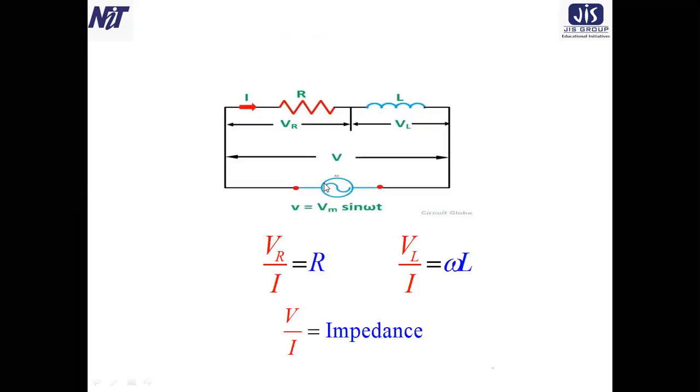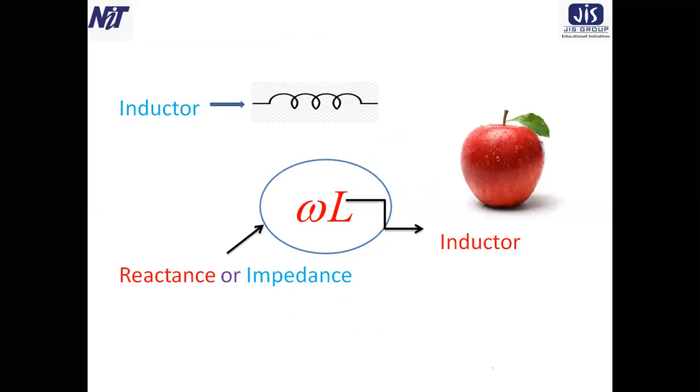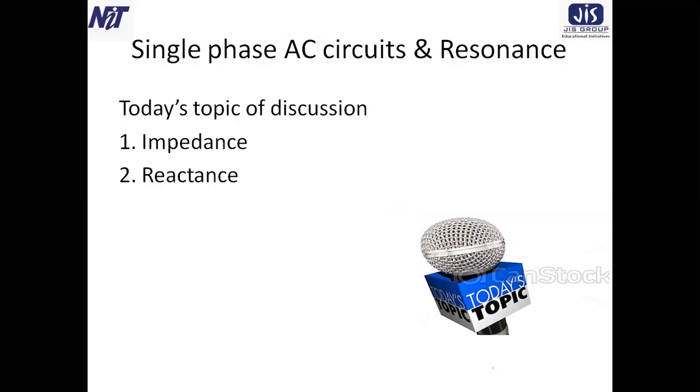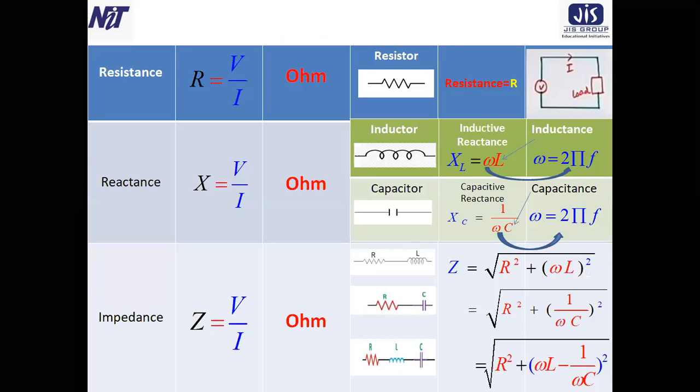So from this lecture, what do we understand? We understand the impedance, the reactance, and the resistance of a resistor, inductor, and capacitor in series. We find the impedance of a series RL circuit, a series RC circuit, and a series RLC circuit.